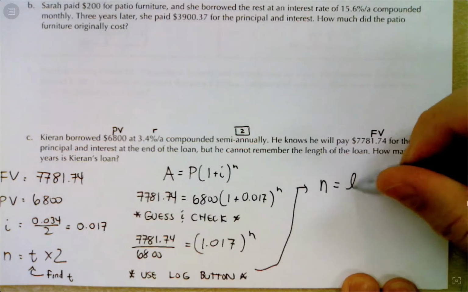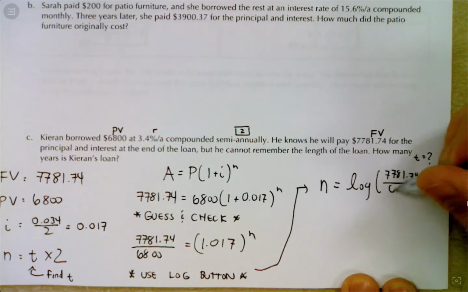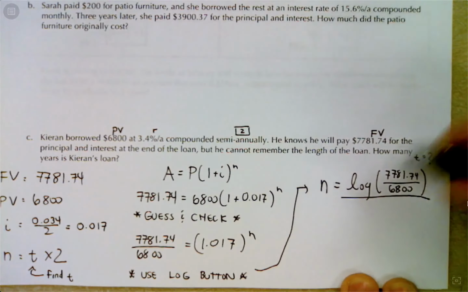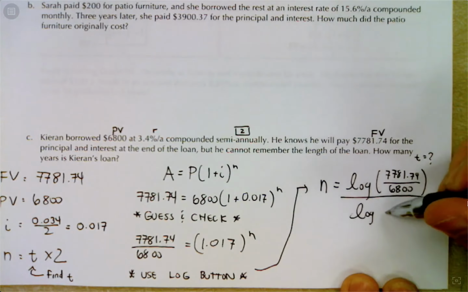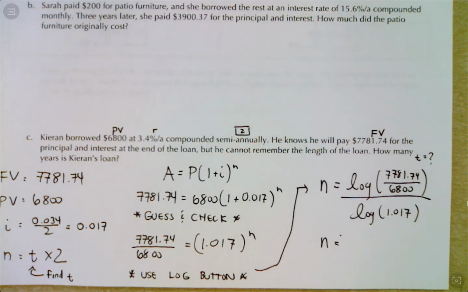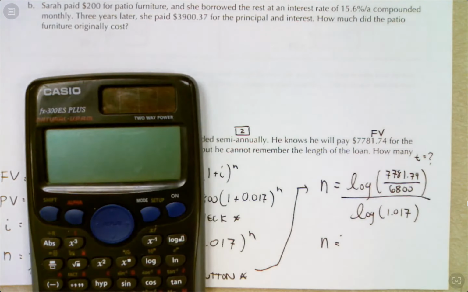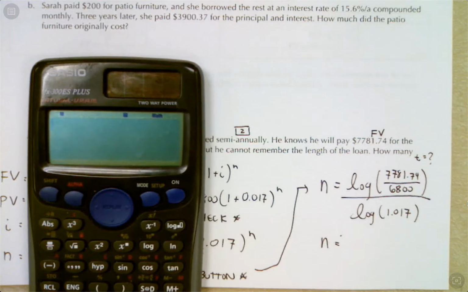Log of 7781.74 divided by 6800. We can do that divided by log of 1.017. If you type that in your calculator, you will get the exact answer for n, without guessing and checking.